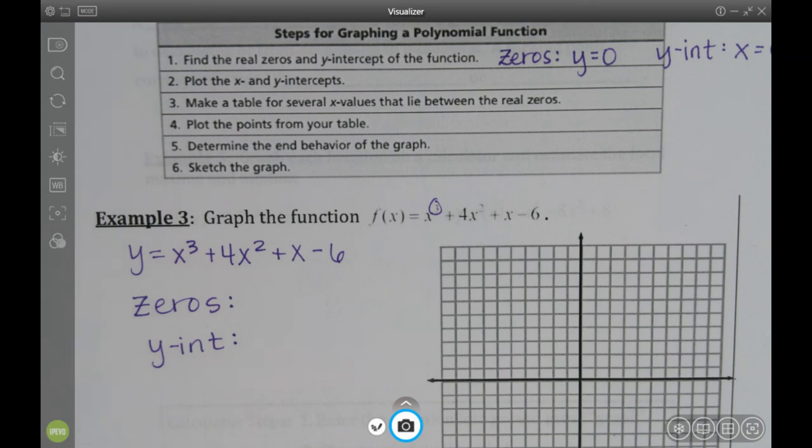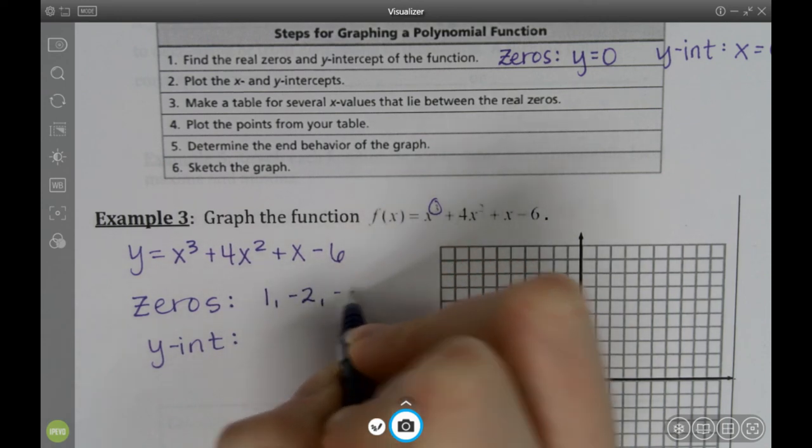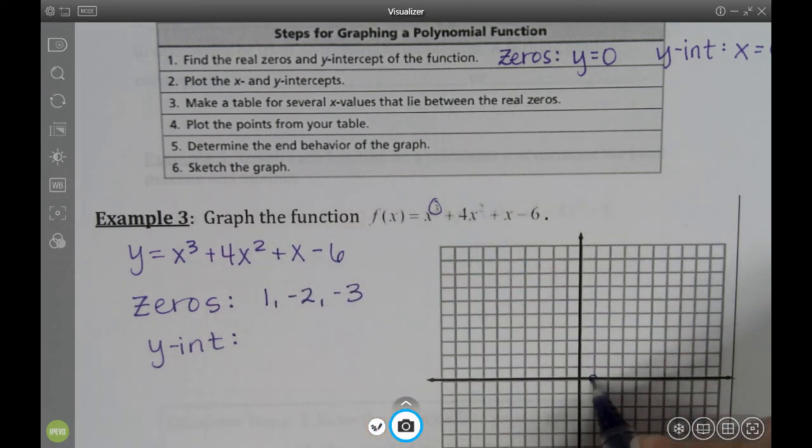You have like the 5 of you that are typing this in. Tell me what you get for your zeros. +1, -2, and -3. So at +1 on your x-axis, -2 on your x-axis, and -3 on your x-axis, you have 3 points.